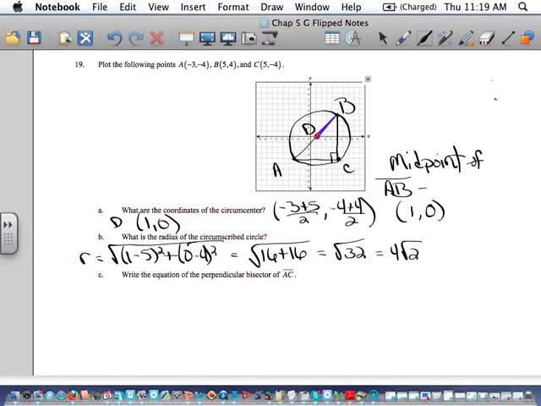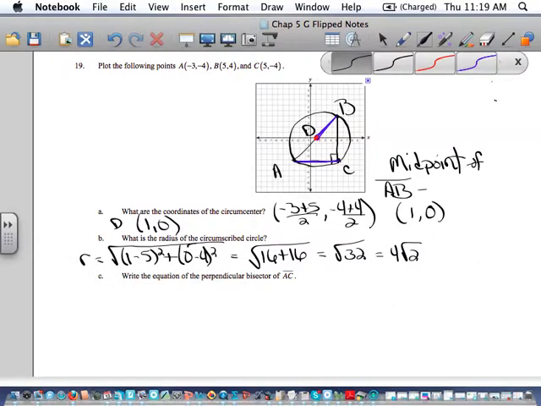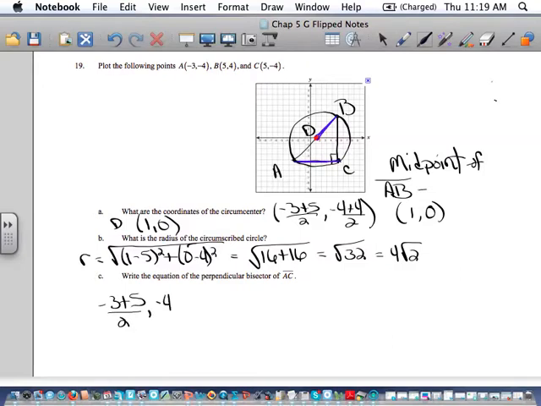Now, C is the last question. Don't be fooled by this. You're simply asked to find the equation of the perpendicular bisector of AC. So here's AC. The perpendicular bisector occurs at that midpoint. So the midpoint of AC is going to be minus 3 plus 5 over 2 and minus 4 plus 4 over 2.